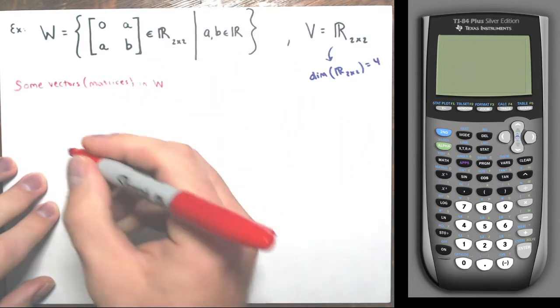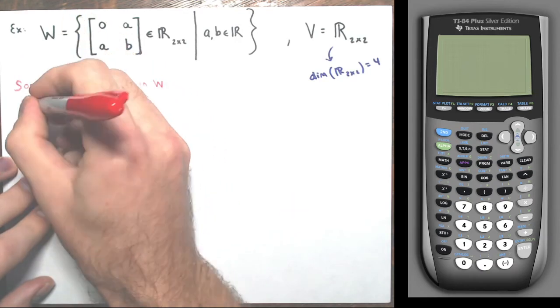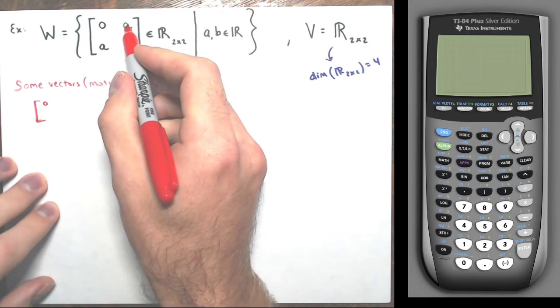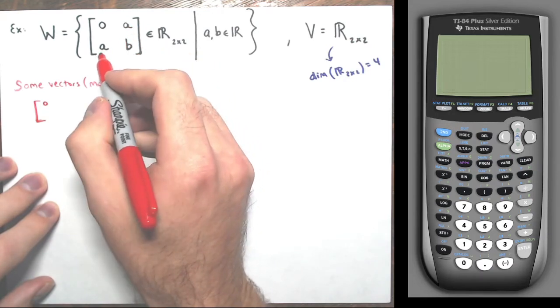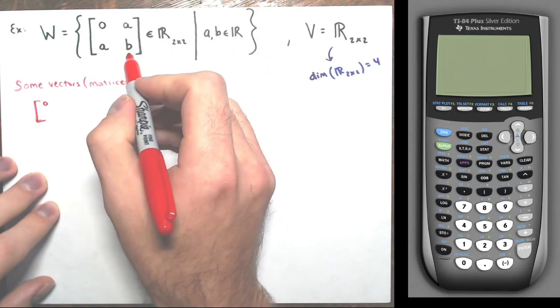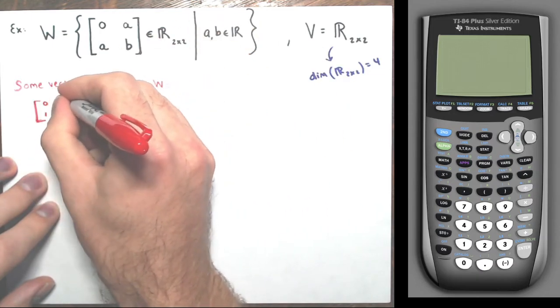Obviously, the first row, first column entry has to be 0. And then the first row, second column, and second row, first column entries have to be the same according to this, a, a, where a is any real number I want. And then the second row, second column entry can be anything I want. This is b. So 0, 1, 1, 3. That's in W.